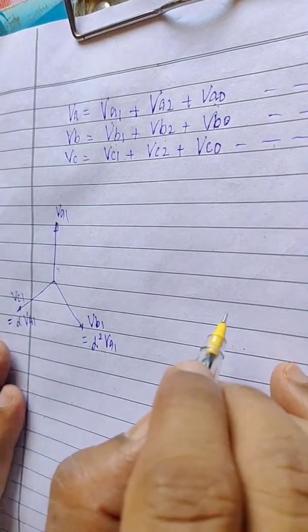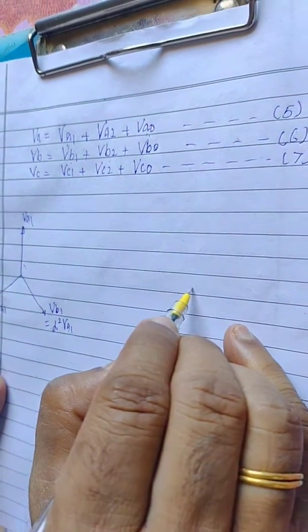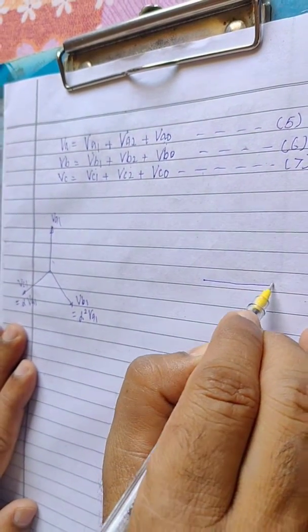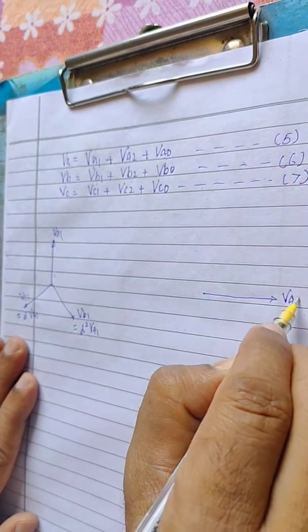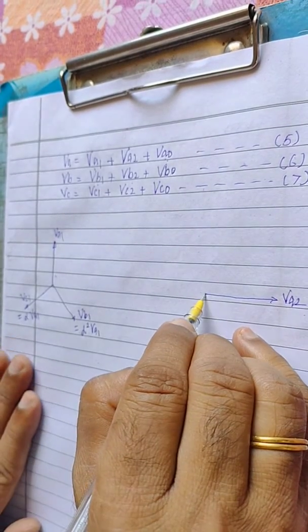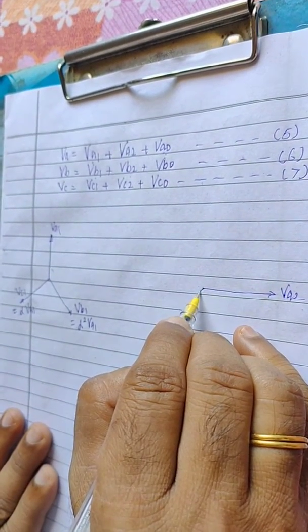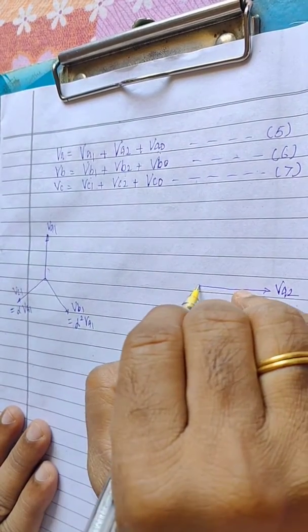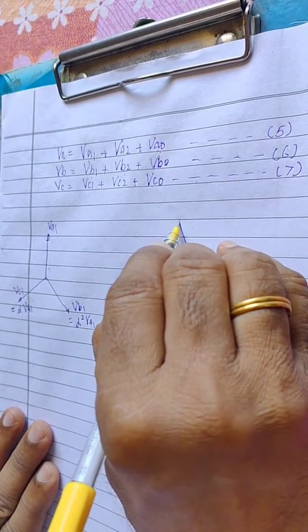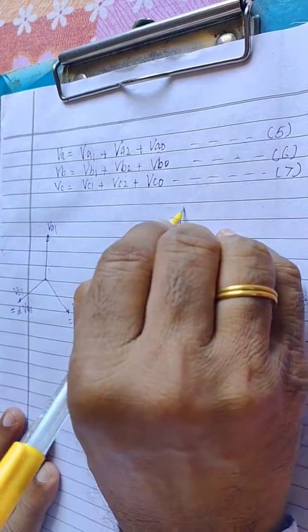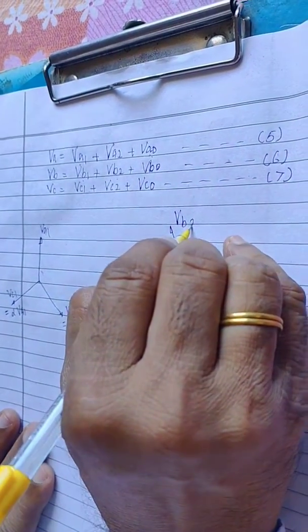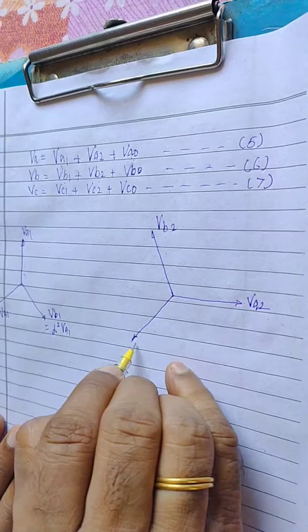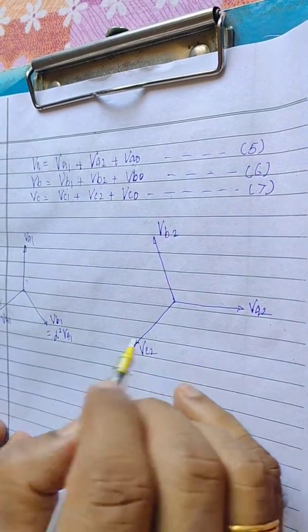Similarly, the negative phase sequence we can show like this. This is VA2, and as it is a negative sequence component, this is VB2 and this is VC2.